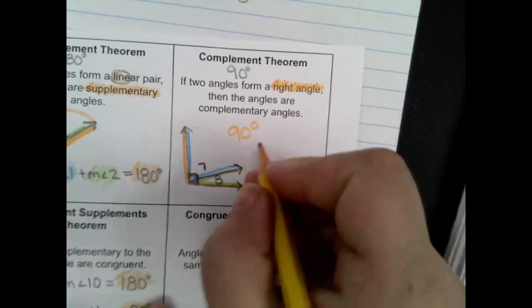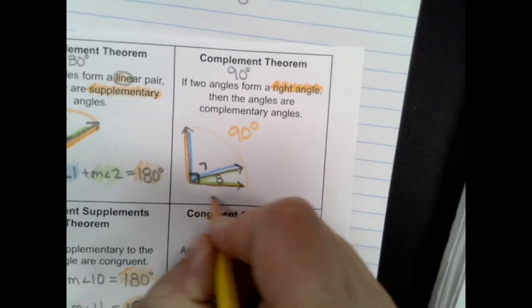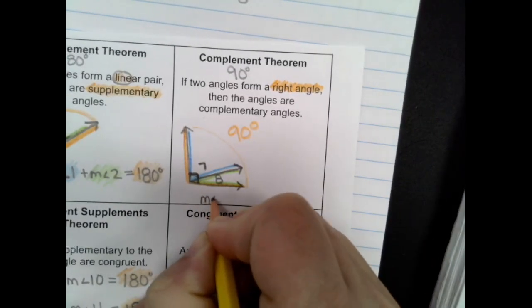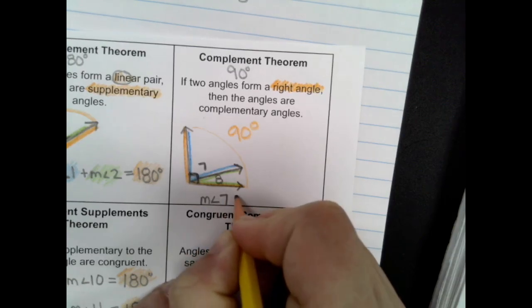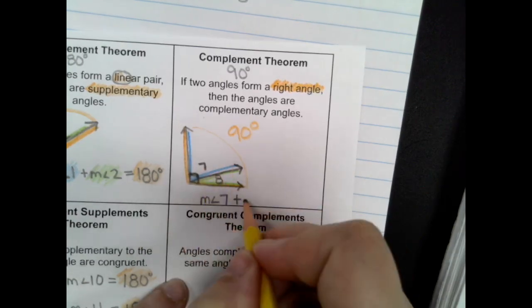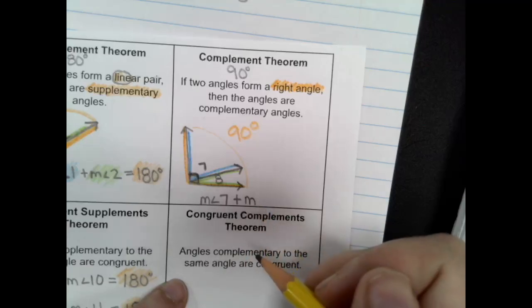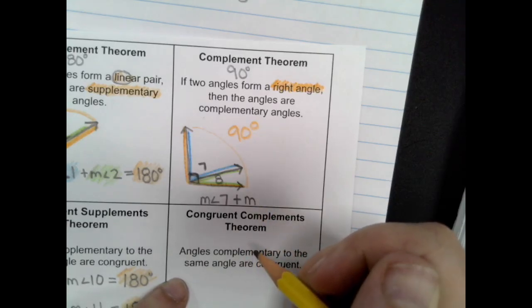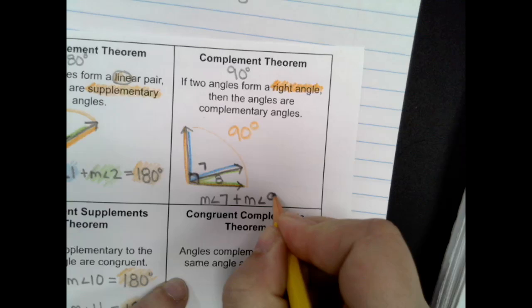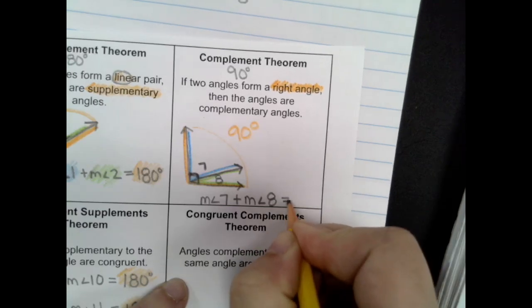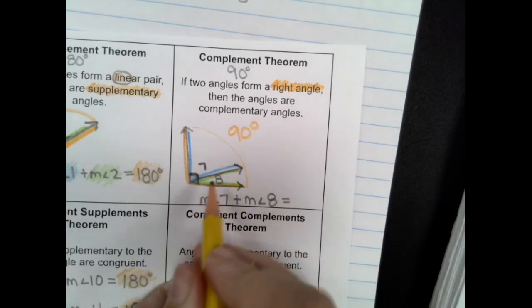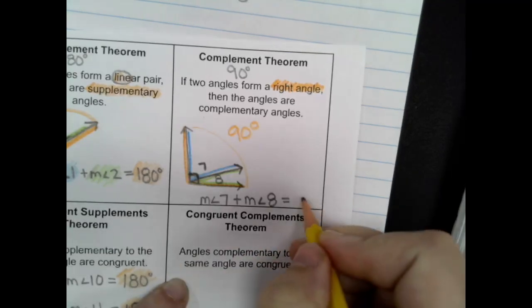So if you want to write that out as a math sentence, we write measure of angle 7, when I add that with measure of angle 8, together those 2, because they make a right angle, add up to 90.